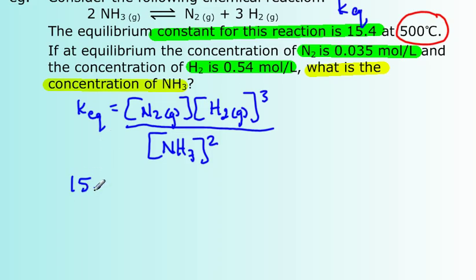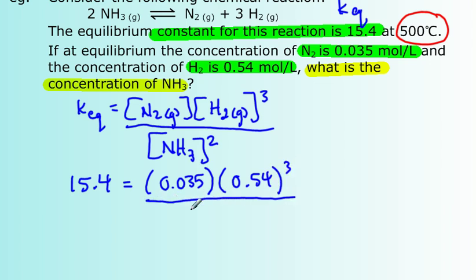KEQ is 15.4. The concentration of nitrogen is 0.035. I'm not going to include units on these numbers because since K doesn't have units, they're not going to cancel anyhow. The concentration of hydrogen, 0.54 cubed, divided by the concentration of ammonia squared.